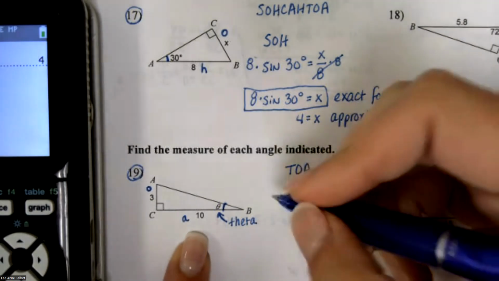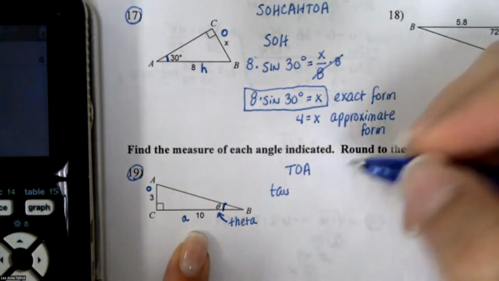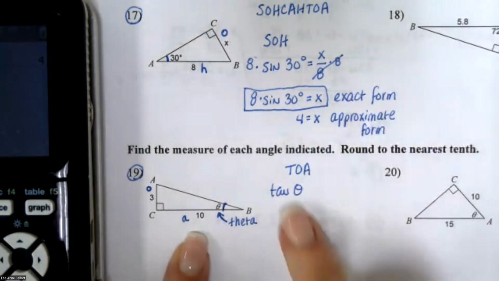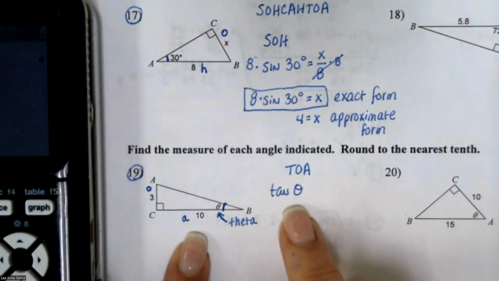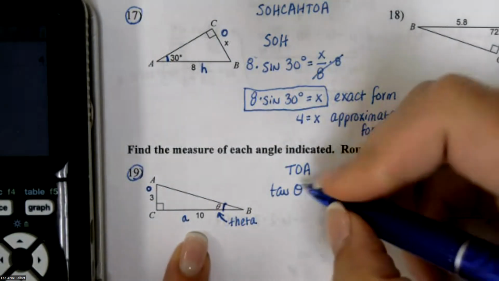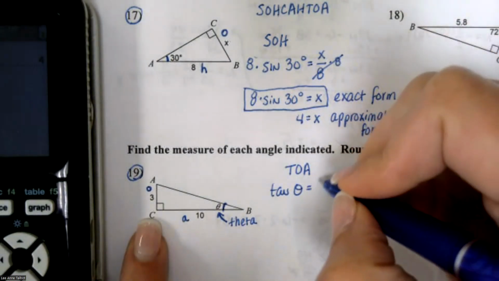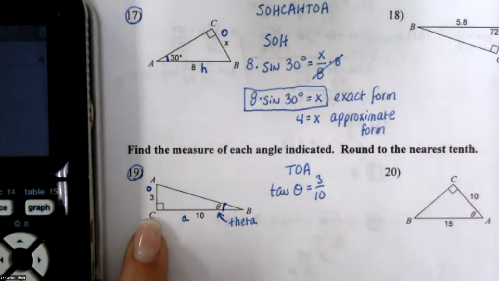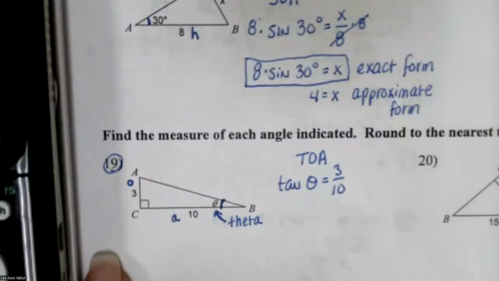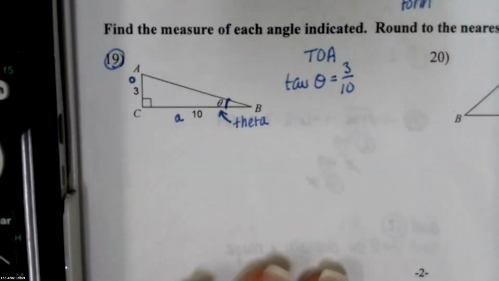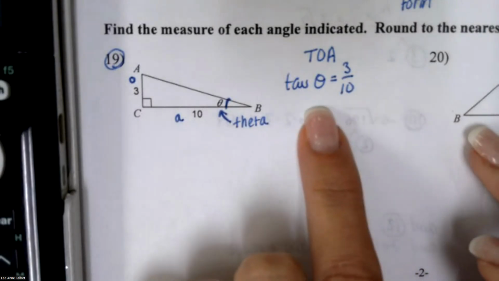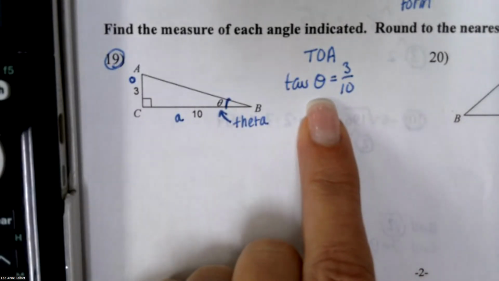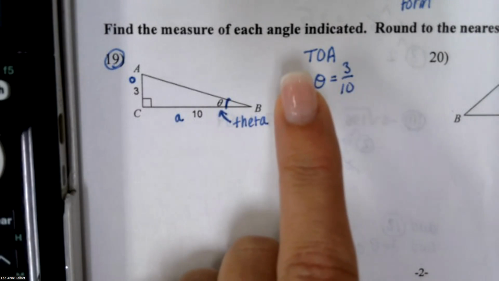Okay, the T in TOA stands for tangent. Tangent of theta. This time you don't have the angle. You're going to solve for that. So you're going to put theta there equals opposite over adjacent. Okay, and this is a little different from the last one because the variable is now the angle. So we have to undo tangent.